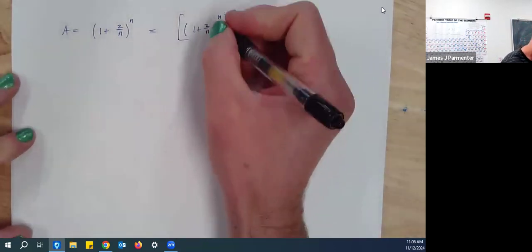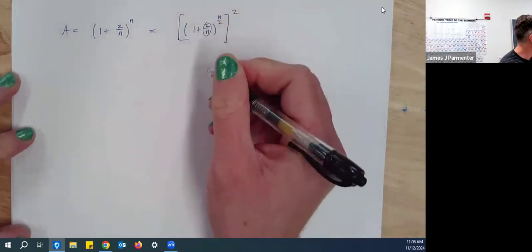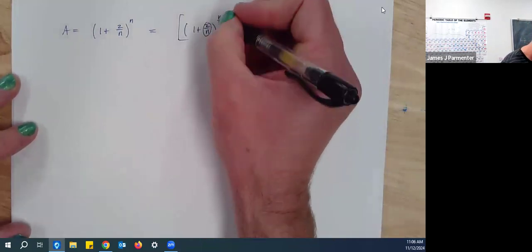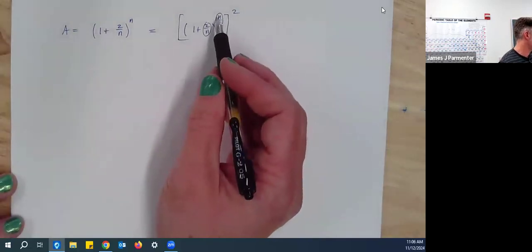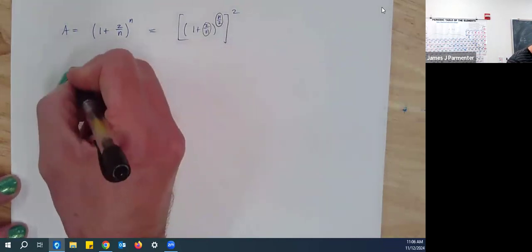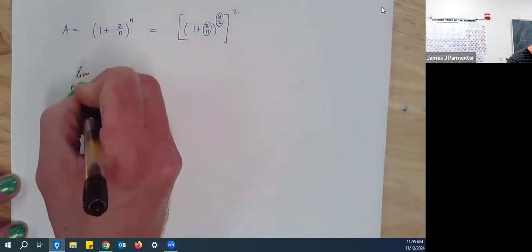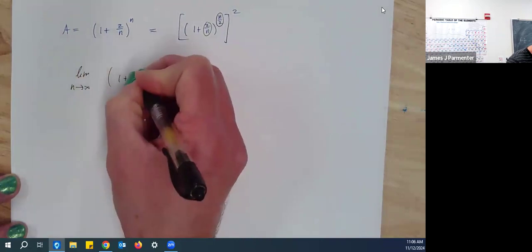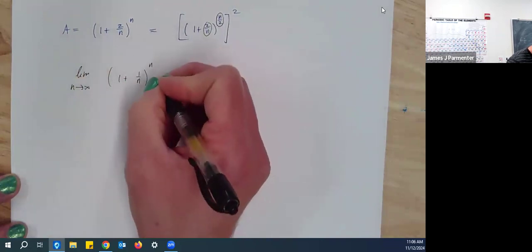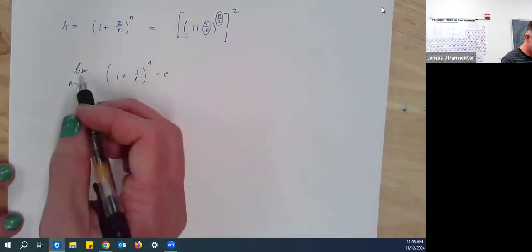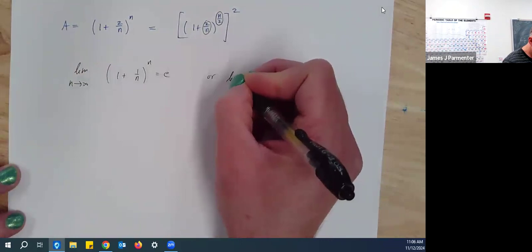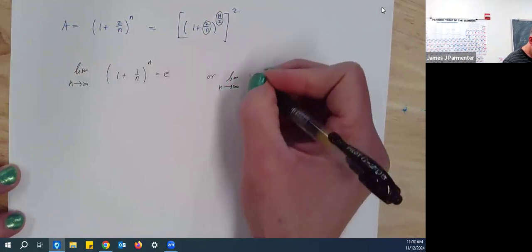You have 1 plus a thing that's getting closer and closer to 0, and the exact reciprocal of that thing that's getting infinitely large. So the general idea here is that these two things have to match up to get closer and closer to e. So when you have the limit as n goes to infinity of 1 plus 1 over n to the nth power equaling e, really that n can be anything as long as it's getting infinitely large. So what I'm really just doing here is replacing n with, say, n over 2.